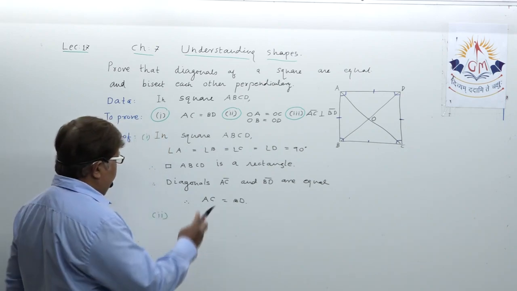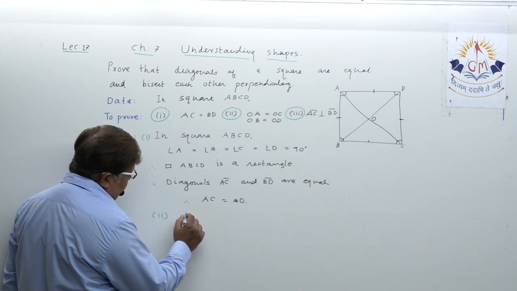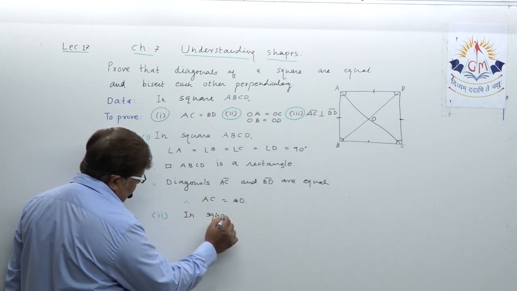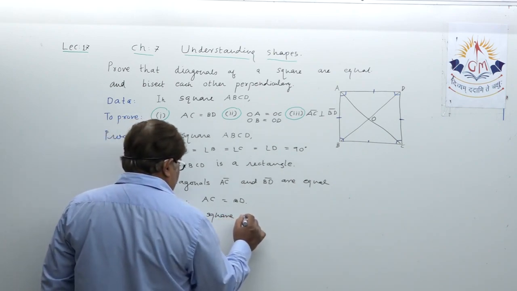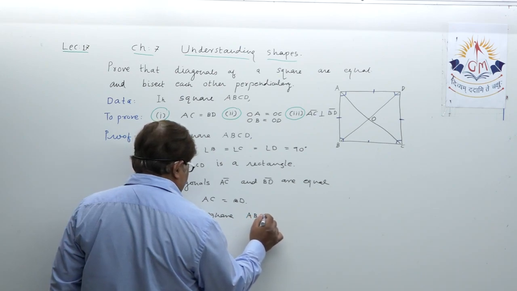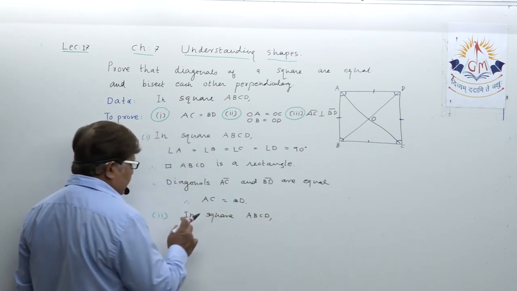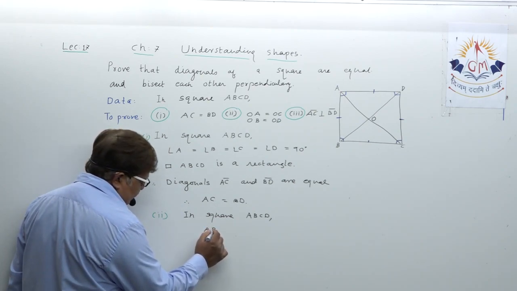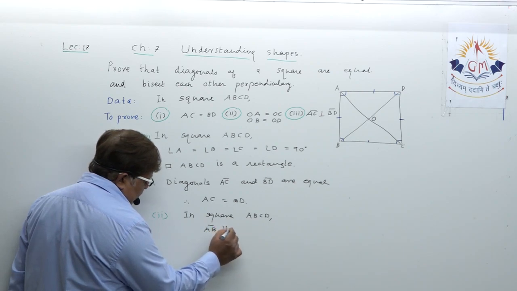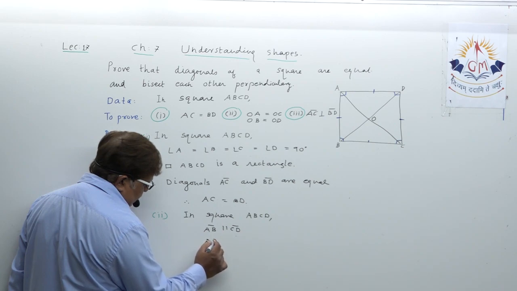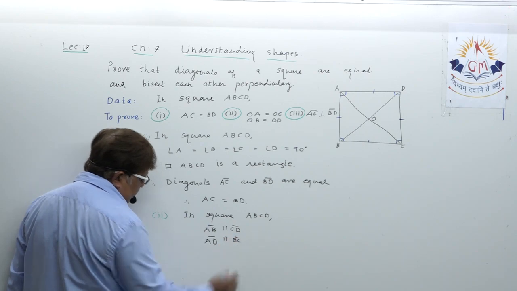How? See, I am again writing in square ABCD. Now what I am writing, you please concentrate. AB parallel to CD, AD parallel to BC.